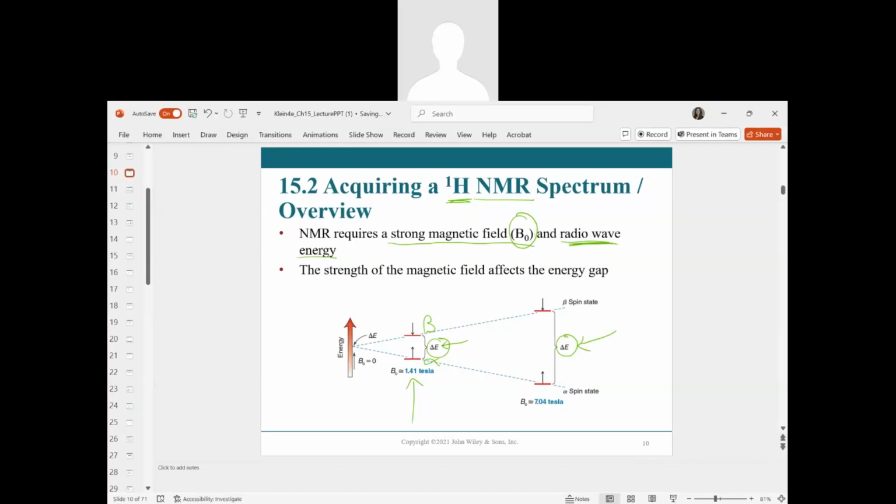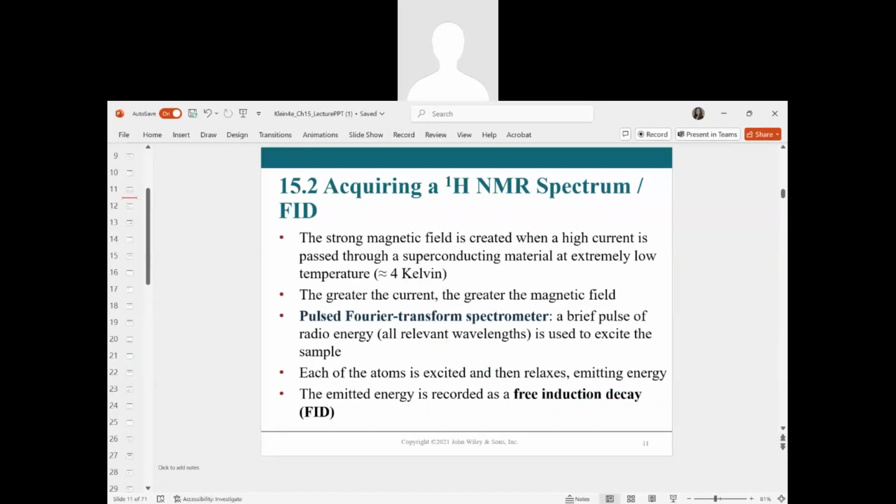Whereas we have a greater energy difference when we have a greater magnetic field applied. So we have, again, our alpha and beta state and that greater difference between them. So what we're going to see is that we can use different magnetic fields, different energies to create different energy gaps, but they're always going to be related to one another as far as the ratio goes.